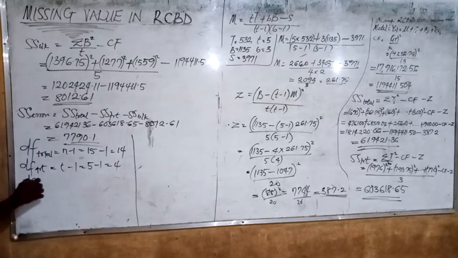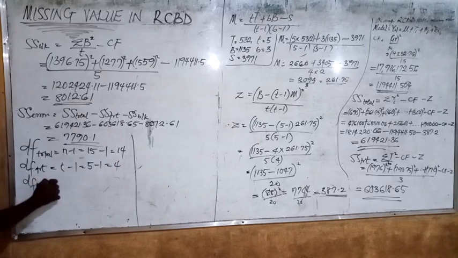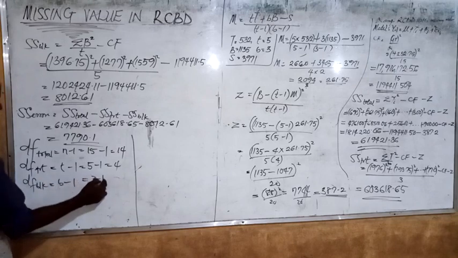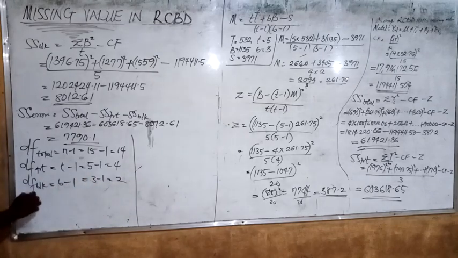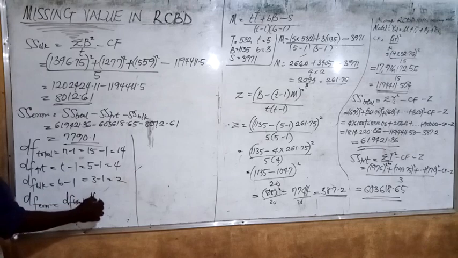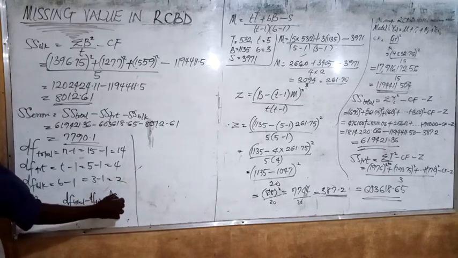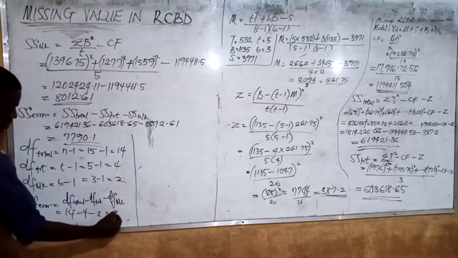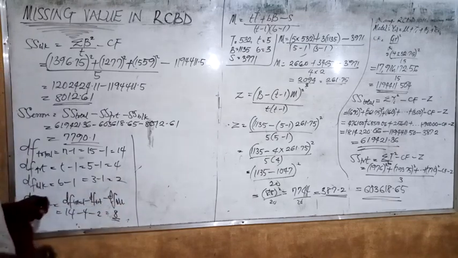DF block is B minus 1. We have 3 blocks, so 3 minus 1 is 2. So our DF error is this times this, which is 8. But if you don't know what that means, we will just say it is DF total minus DF treatment minus DF block, so 14 minus 4 minus 2 equals 8. Look at that, 4 times 2 gives us 8.